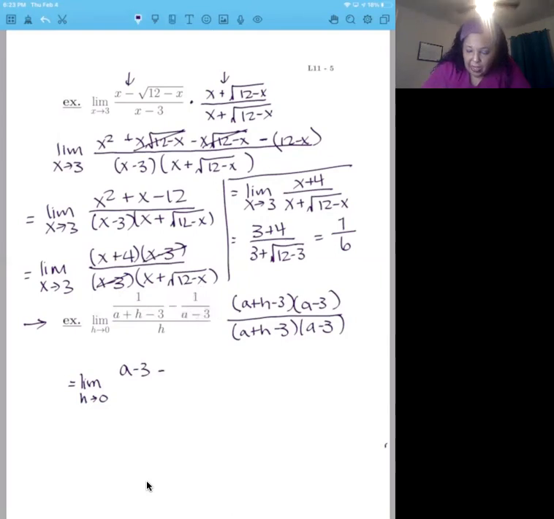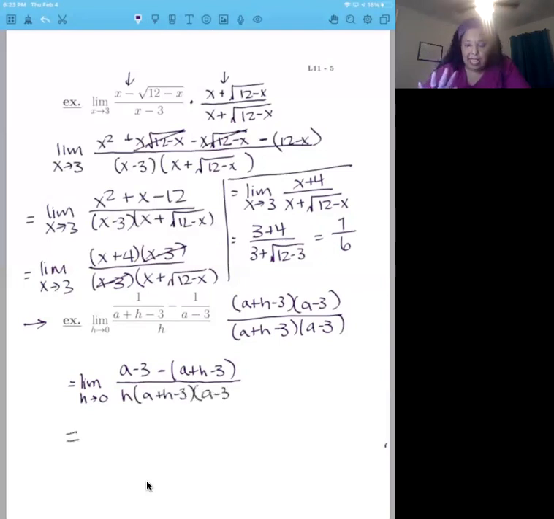Notice there's a negative sign in between, so we need to make sure we don't lose that negative sign. I'm going to put the a plus h minus 3 in parentheses. In the denominator, I'm just going to leave it just like that. So now I have an h times an a plus h minus 3 times an a minus 3.